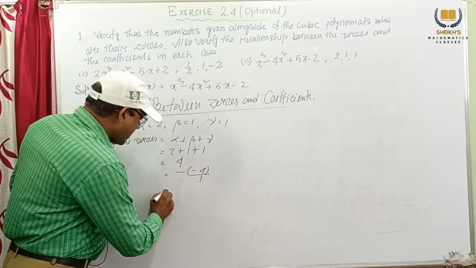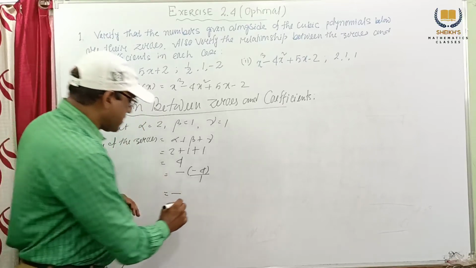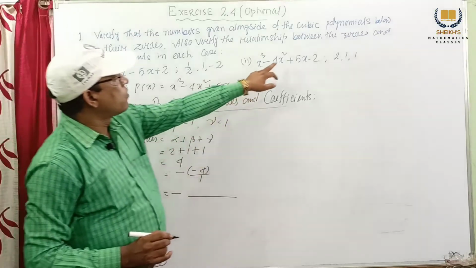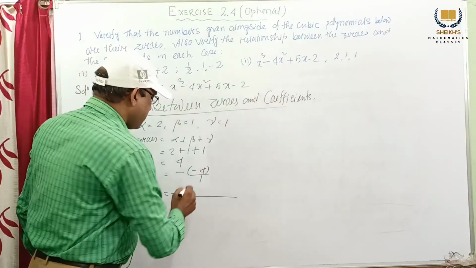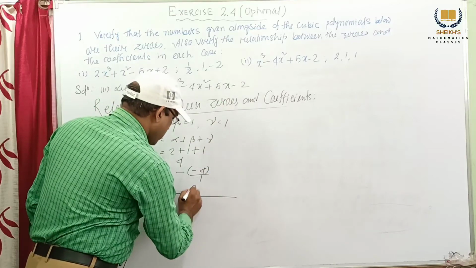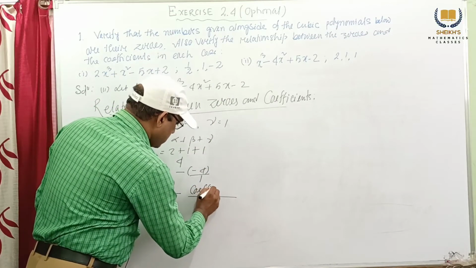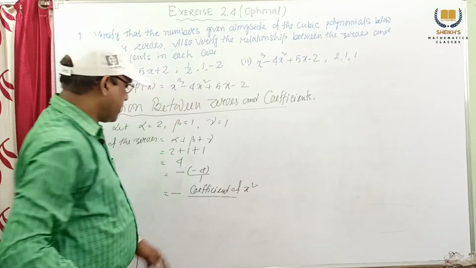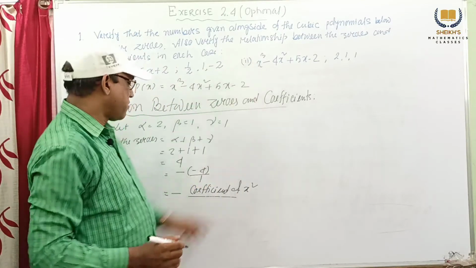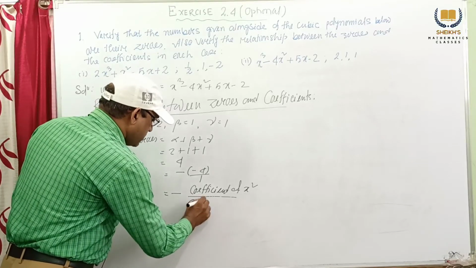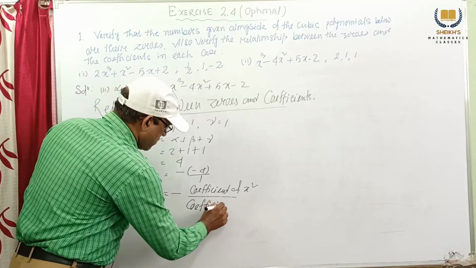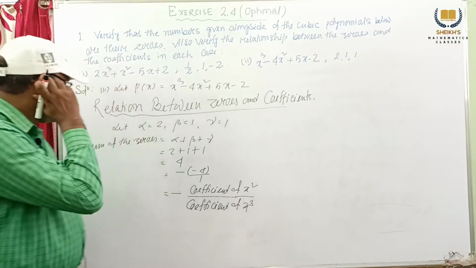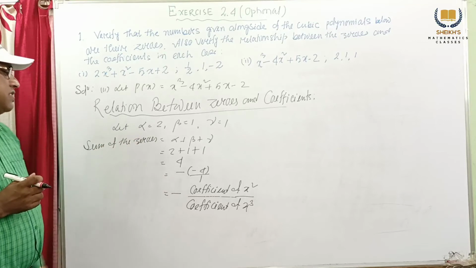The minus remains the same, and this minus 4 is the coefficient of x square, and 1 is the coefficient of x cube. So this is the sum of the zeros.